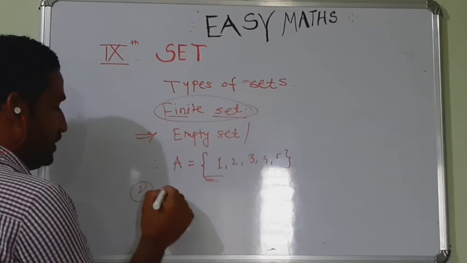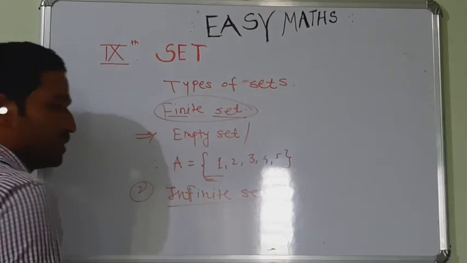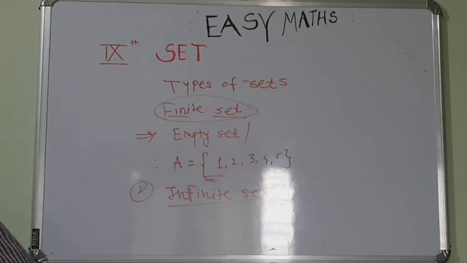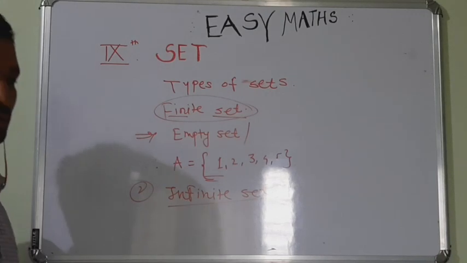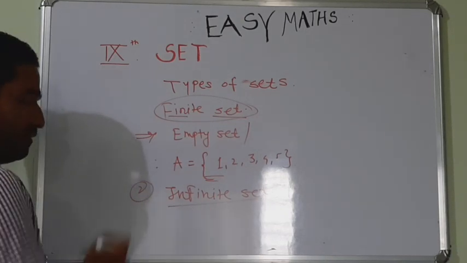Next one is infinite set. Definition: a set which is not finite, or the number of elements in the given set is unlimited and uncountable, is called an infinite set.